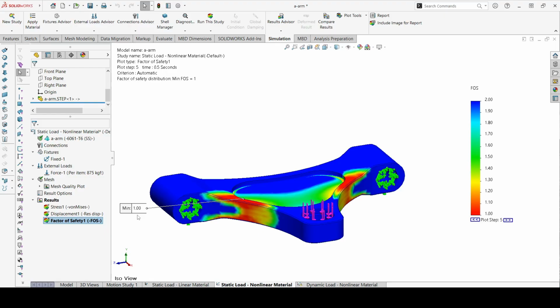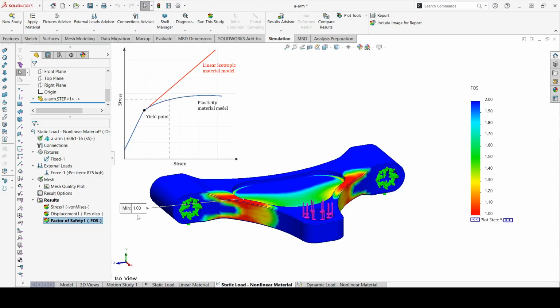What's happening is, on the linear isotropic material model, which is the first analysis, the material behaves elastically forever, no matter how high the stress gets, basically ignoring yielding, which is the point where the material starts to deform permanently. In simpler terms, when the load gets high, the software just keeps increasing the stress value as if the material could take it.